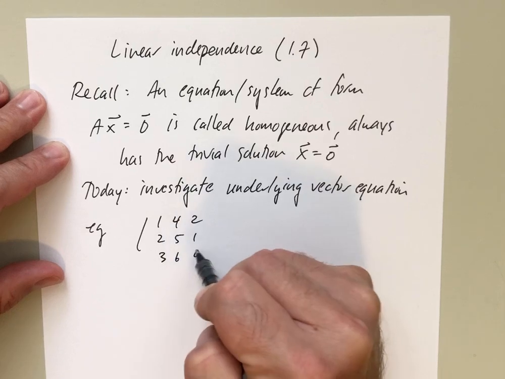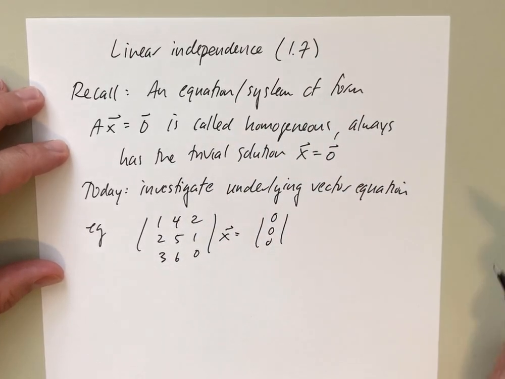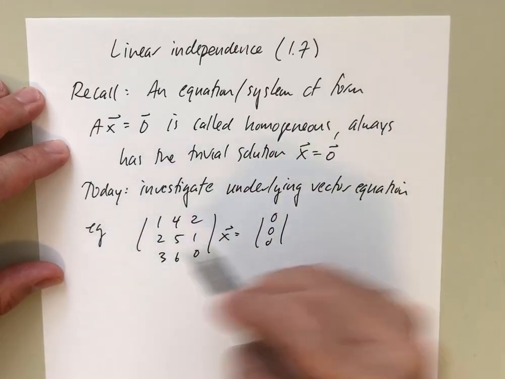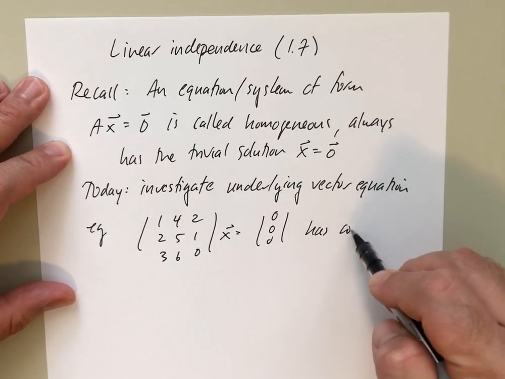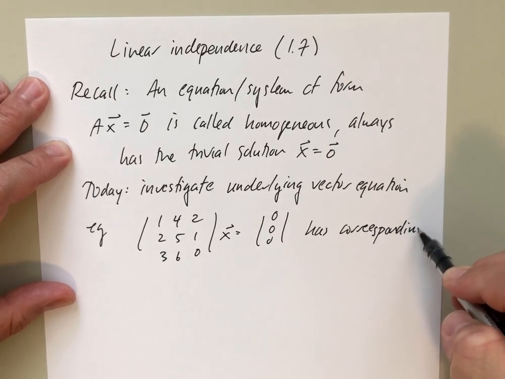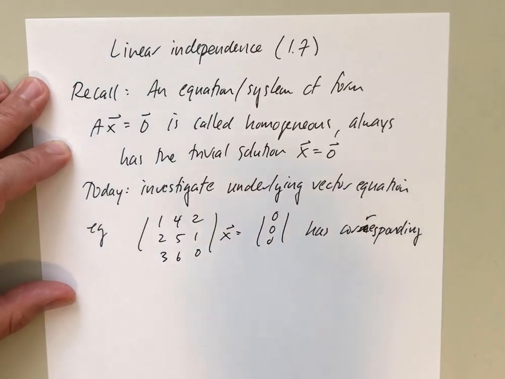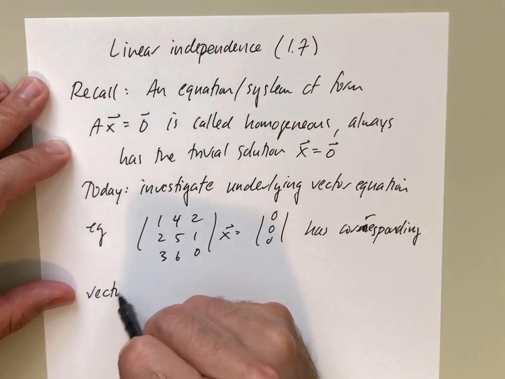If you had this as the matrix A times x equals 0, this has a corresponding vector equation.